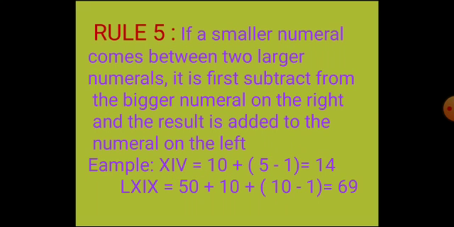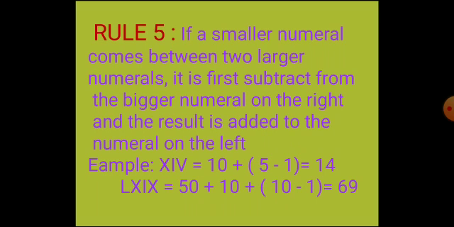Next rule. If a smaller numeral comes between two larger numerals. In rule 3 and rule 4, the smaller numerals are coming right or left, but sometimes the smaller numeral comes between two larger numerals. In that situation, what do we have to do? It is first subtracted from the bigger numeral on the right, and the result is added to the numeral on the left.